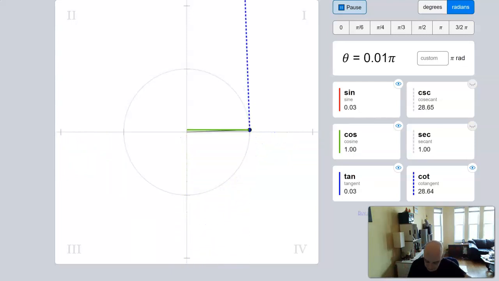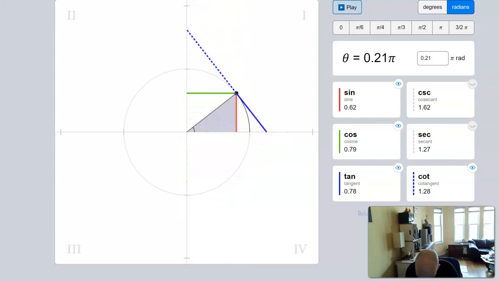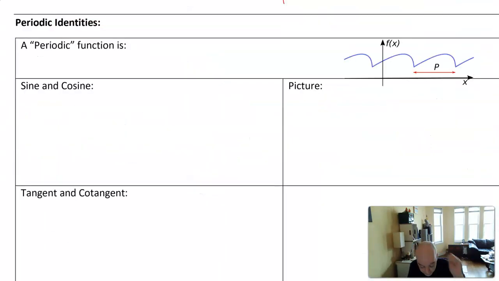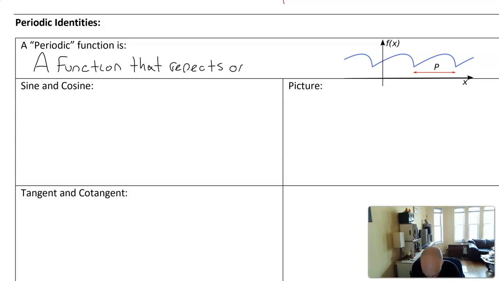They're functions that repeat after a specified interval. Let's go ahead and define that. So a periodic function is a function that repeats on regular intervals. And the interval of repetition is called the period.